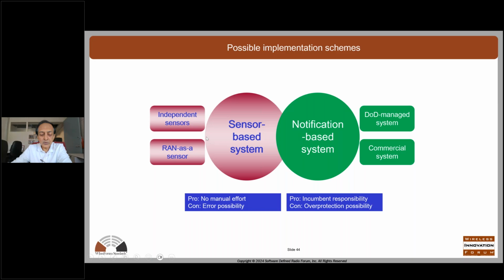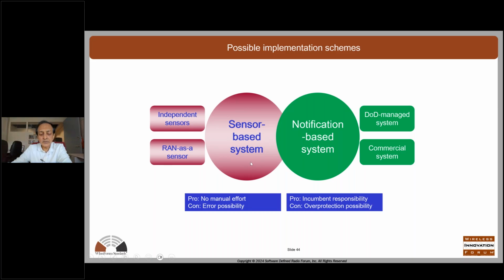Both have their pros and cons, but we're not going to get into detail. But overall, the beauty of a sensor-based system is there is no manual effort in terms of notifying the base stations or the commercial system that they're becoming active and so on and so forth. So it's very much an automated system. There's no manual intervention needed.